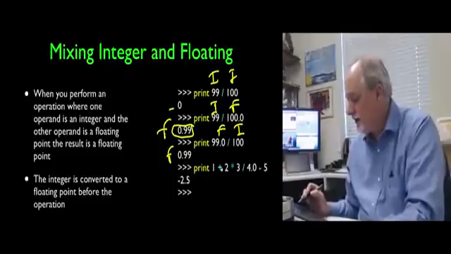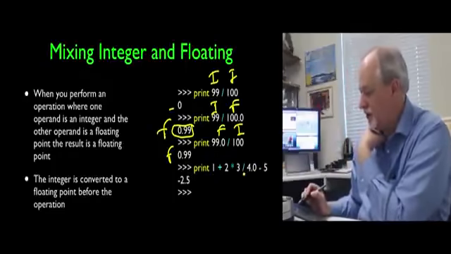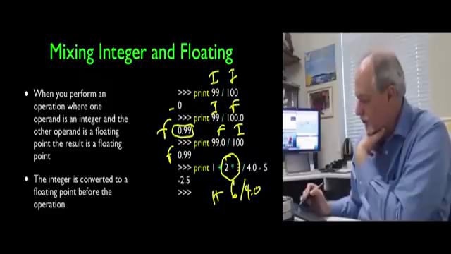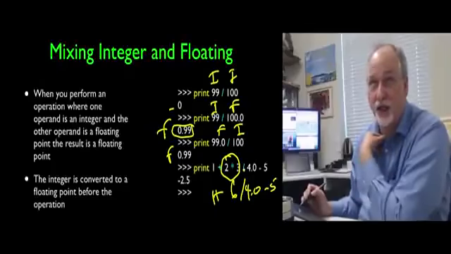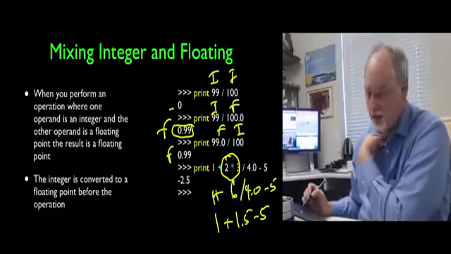And even in complex expressions, as it evaluates, when it sees an integer, so the first thing it would evaluate is this would become a 6. So it would be 1 plus 6 over 4.0 minus 5. Then it would be doing this 6 over 4.0, and that would be 1.5. 1 plus 1.5 minus 5. And so this is an integer, and that's a floating point, and the result becomes a floating point.